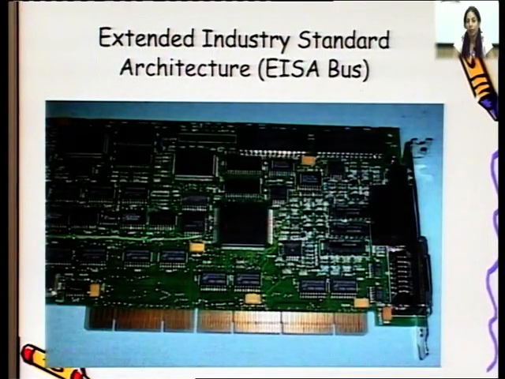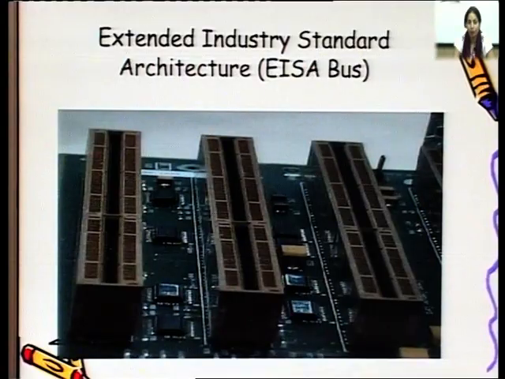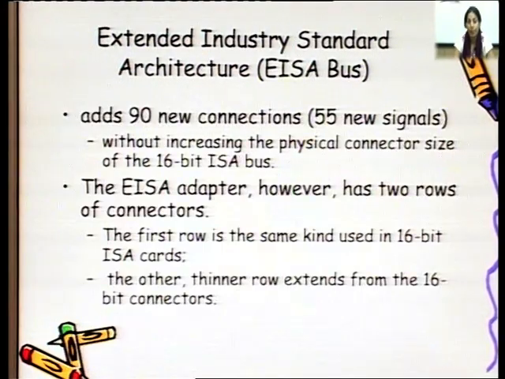These are the EISA bus, and here we have EISA slots. So in the diagram, these are various EISA buses. They add 90 new connections without increasing the physical connector size of the 16-bit ISA bus. The EISA adapter however has two rows of connectors.